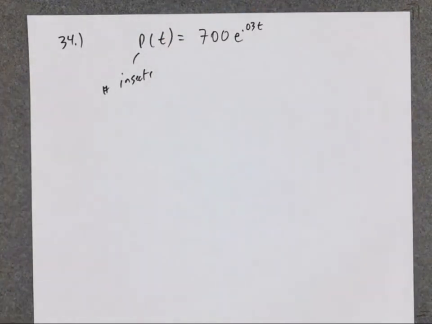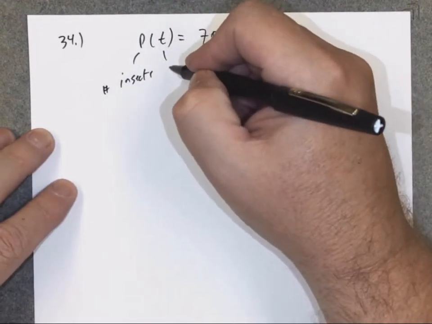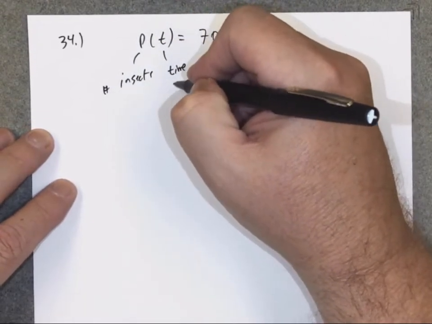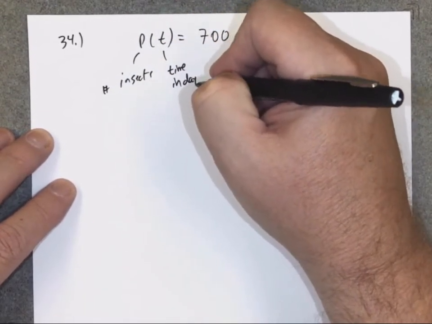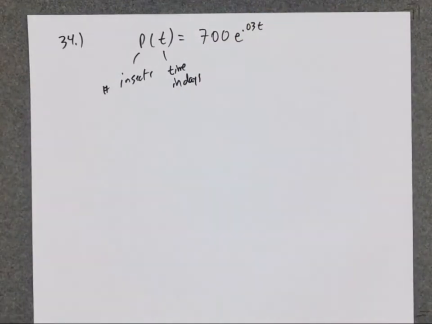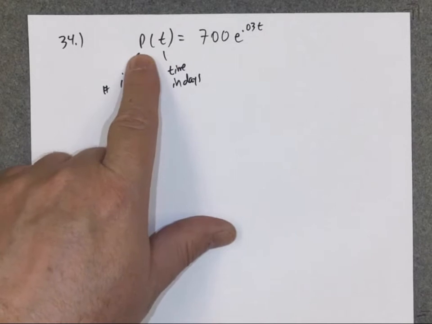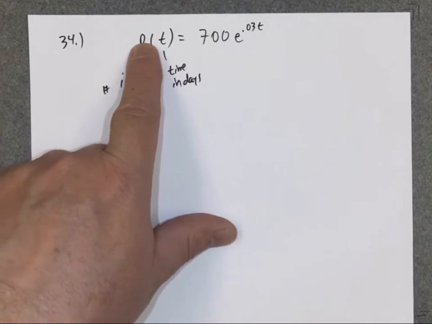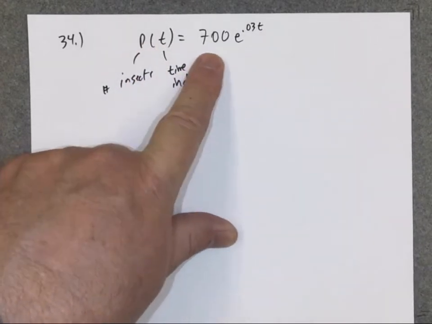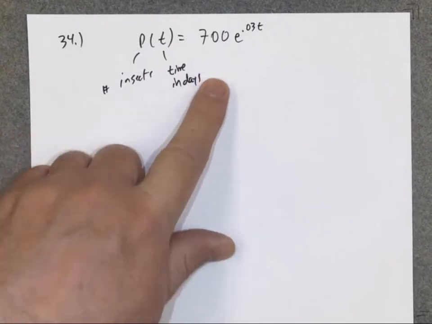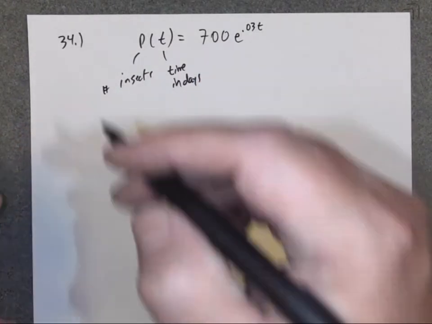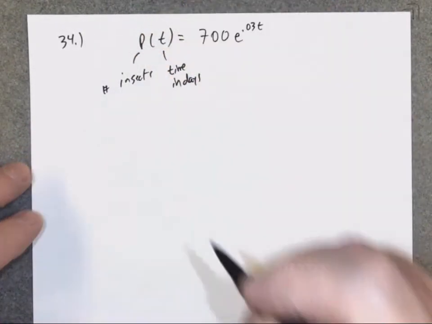P is the number of insects, t is the time in days. So this is function notation, P of t. So basically saying here's an equation for P, and it's going to have a t in it, and there it is, 700 times e to the 0.03t. So P is the number of insects.